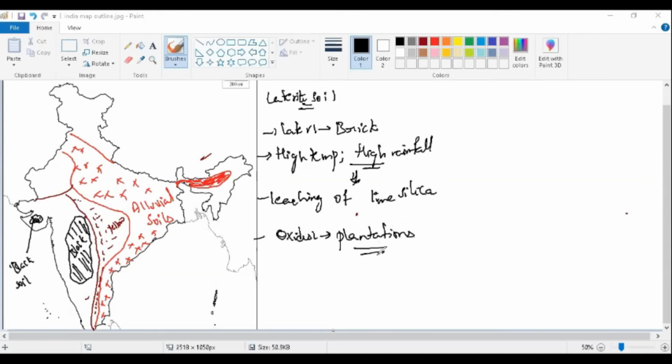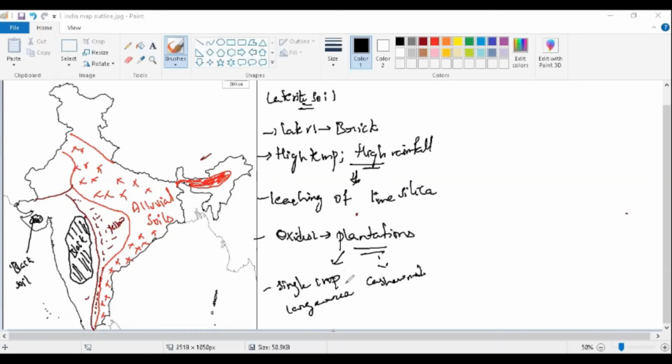What do you mean by plantations? Plantations like tea, banana, coffee. You are saying examples, I'm asking what is plantation. A single crop grown over a large area, with intensive technology, for commercial purpose. Fine. So plantations like cashew nut and sugarcane are grown here in laterite soil.